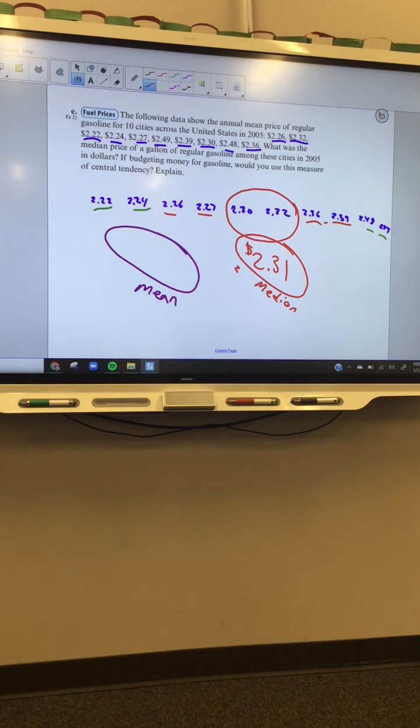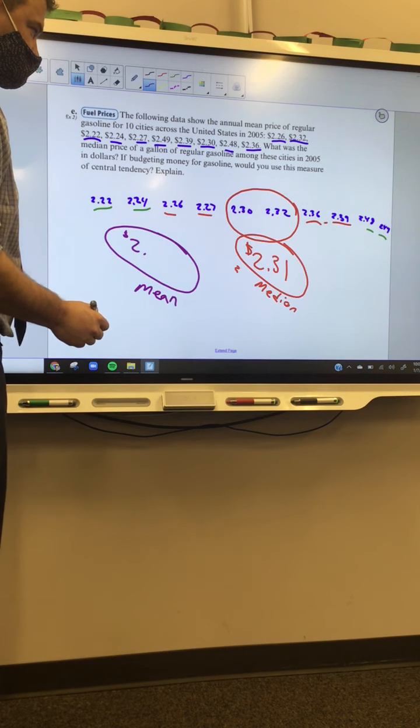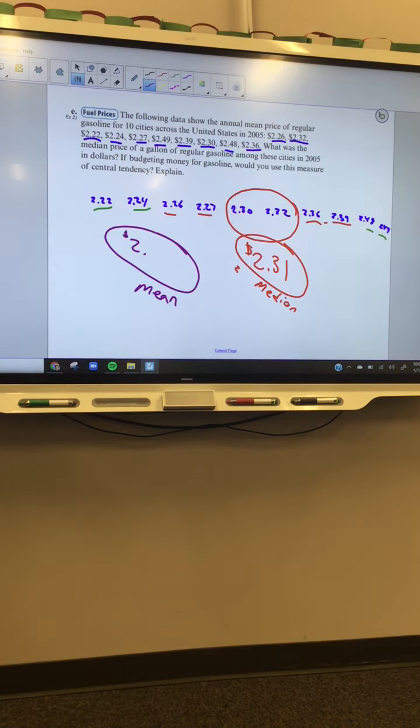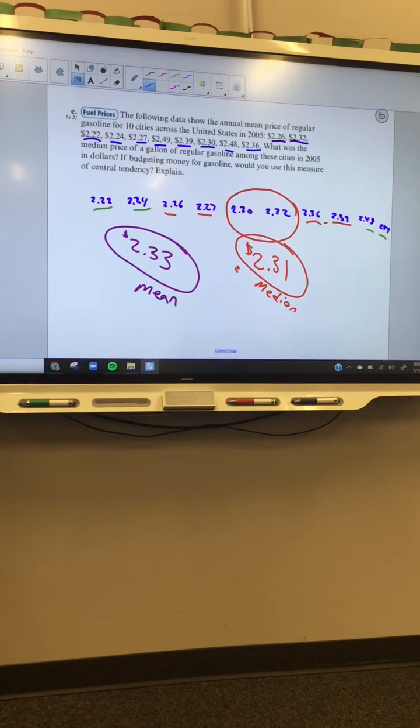What's our mean here, guys? I'm guessing, just looking at the data, I'm gonna say 234. Am I close? How many are there? 10. I got 2.33. That's off by a penny.